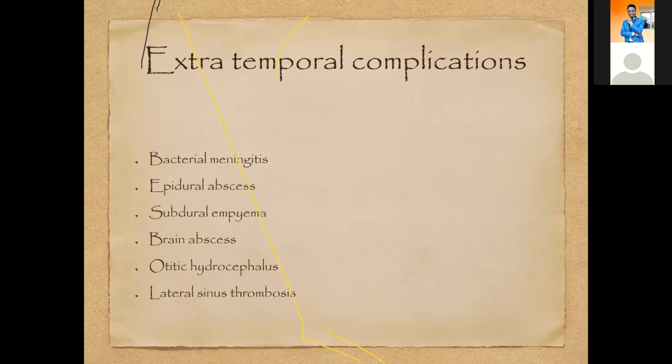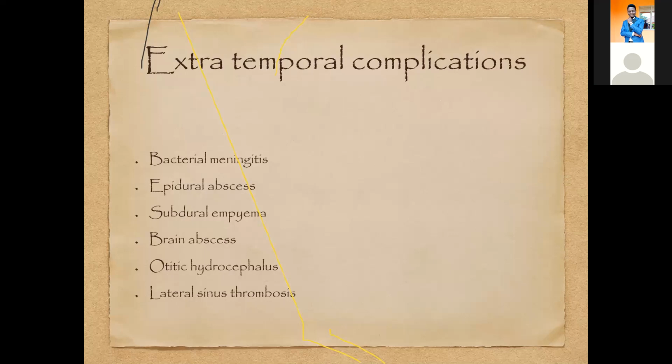Extratemporal, we have bacterial meningitis, epidural abscess, subdural abscess, brain abscess, otitic hydrocephalus. Otitic hydrocephalus does not occur in the brain, it occurs in the part of the ear that extends, that is, the fluid in the inner ear accumulates because it's usually perilymph.